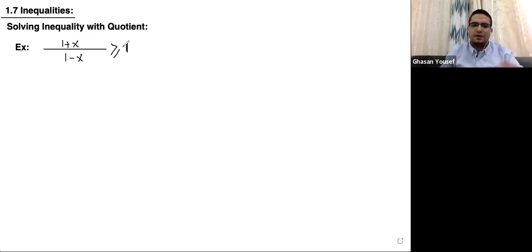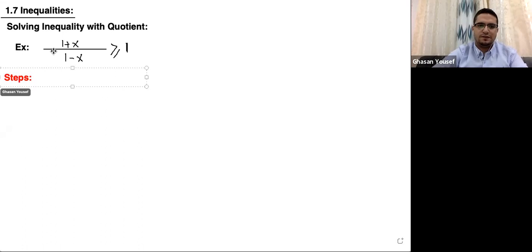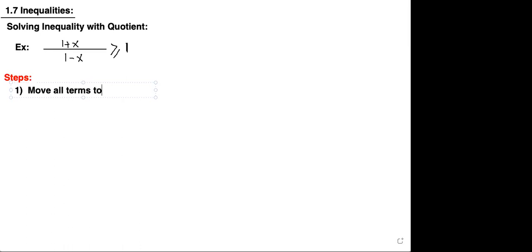So last time I gave the steps for how we can solve the quotient inequality. The steps again: number 1, move all terms to one side.